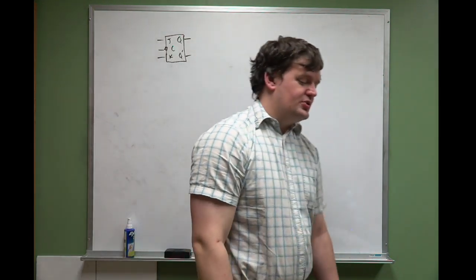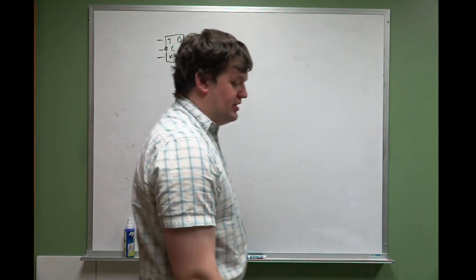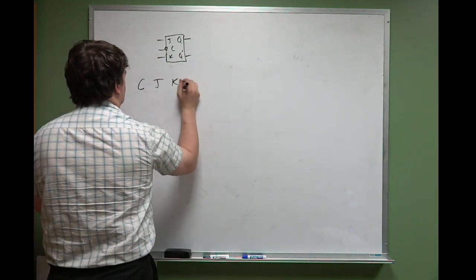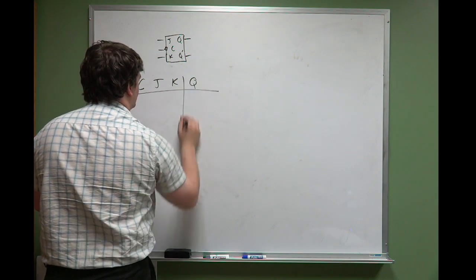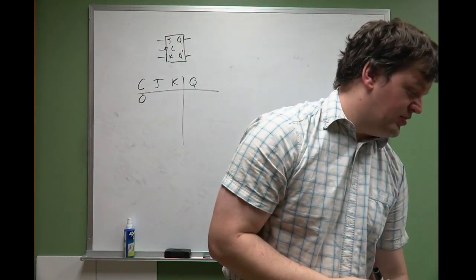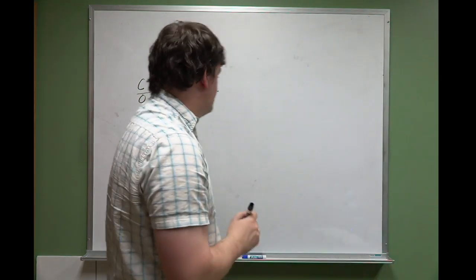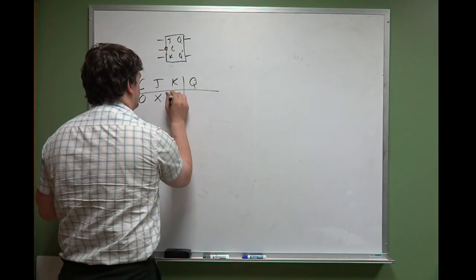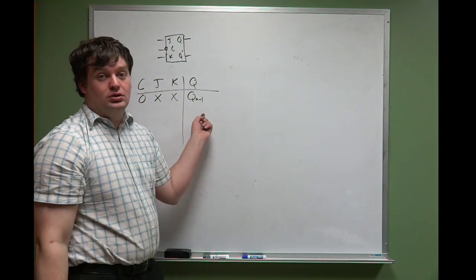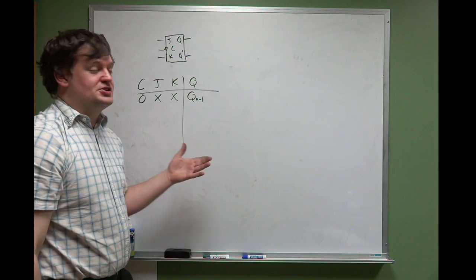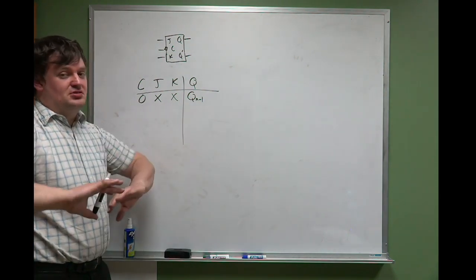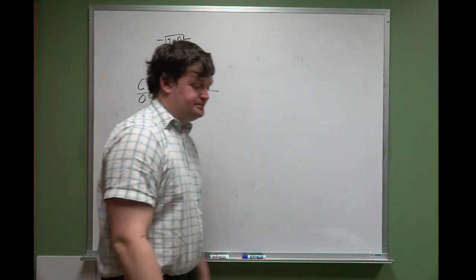Similar to our clock triggered flip-flops earlier, if the clock is off, we have C, J, K, and Q. If the clock is off, nothing is happening. It doesn't matter what J and K are, it simply stores. So Q is whatever it was before. The value of Q doesn't change. It cannot change when the clock is off. Clock signal is off, nothing happens to Q.